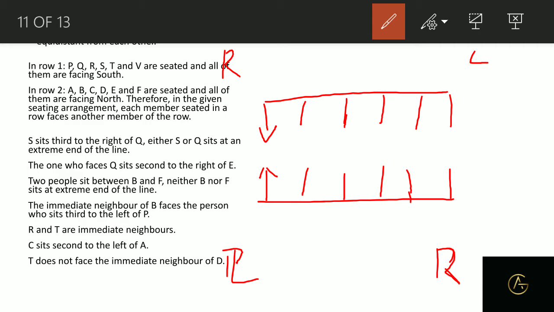So S sits third to the right of Q. Suppose Q sits here. Q's right will be this way.